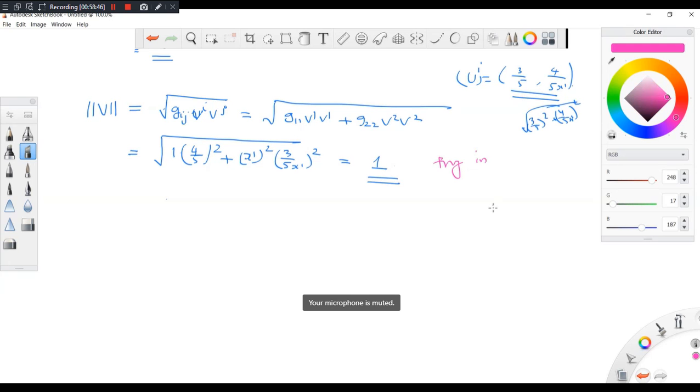This contravariant vector, in which coordinate system am I giving it? I am giving it in the polar coordinate system. Now you have to find the corresponding contravariant vector in the Cartesian coordinate system. So you have to change it. It will not be the same component; the component will change.